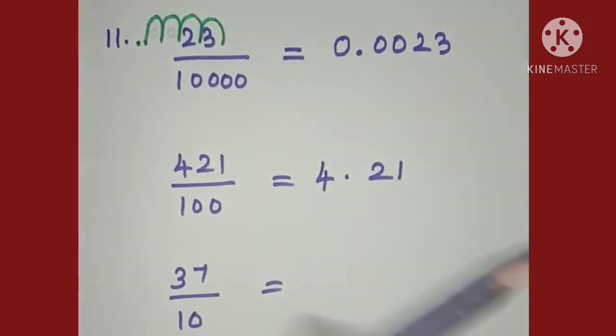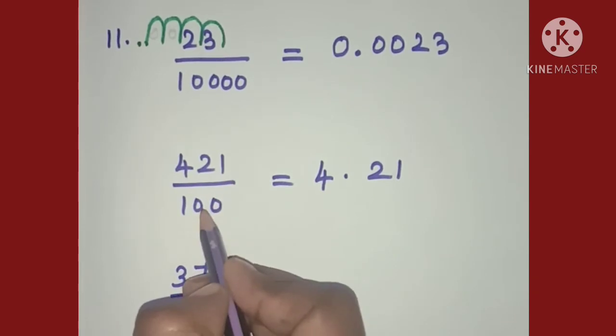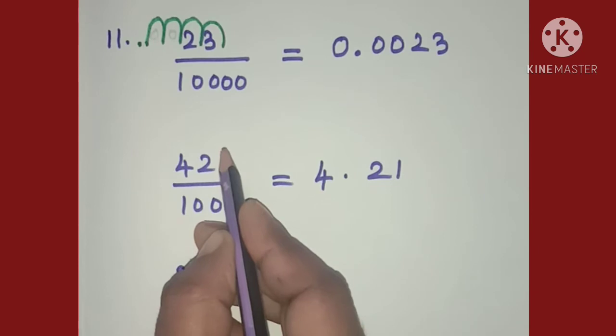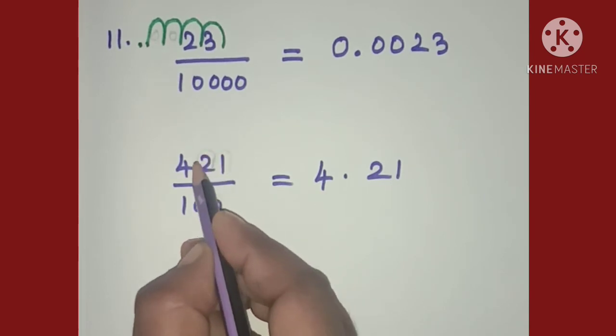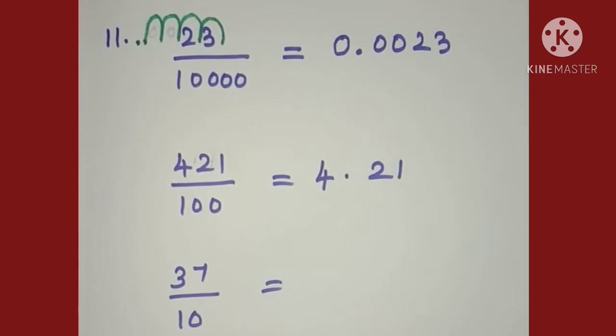Also, by using this, there are 2 zeros in the denominator, so we put the decimal point before 2 digits. 1, 2. So here will be the decimal point. So 4.21.